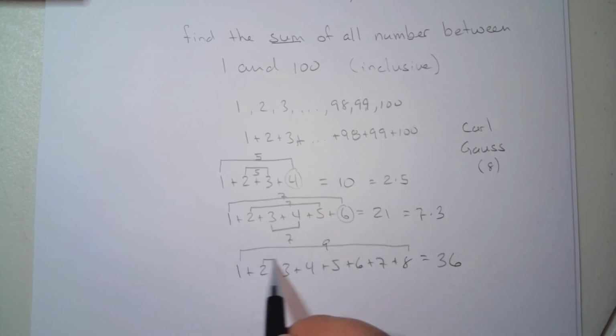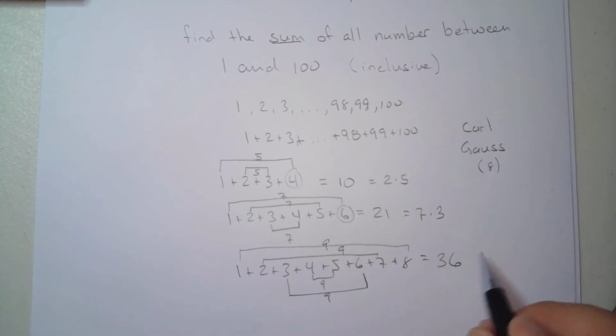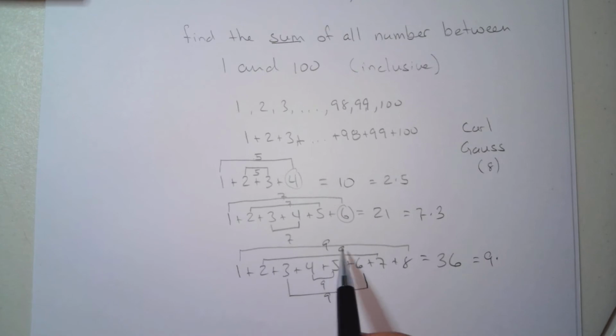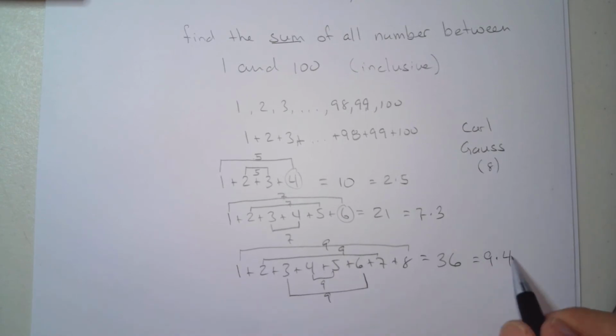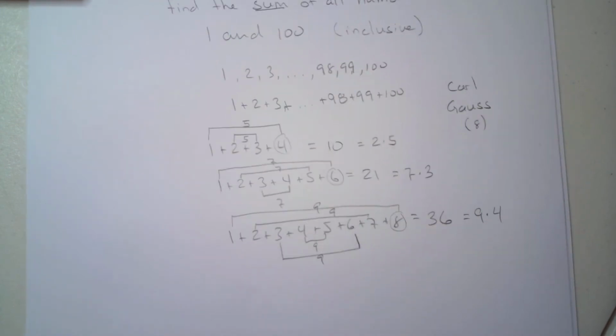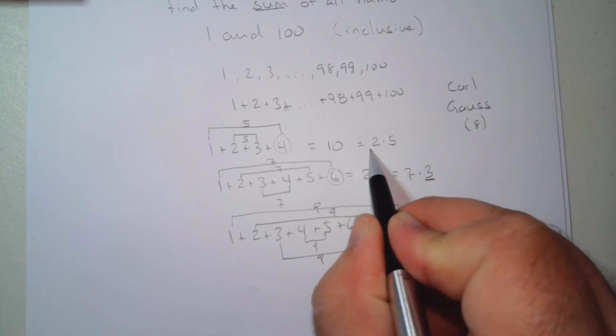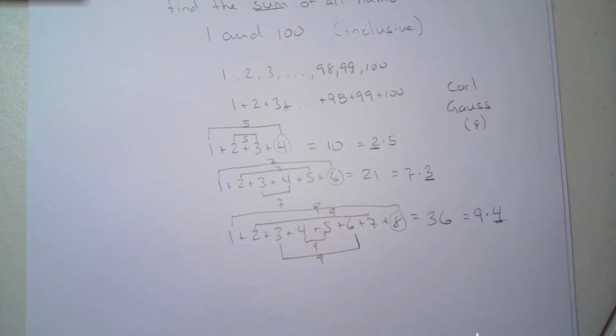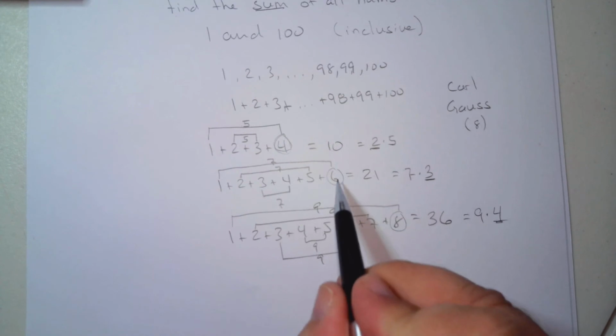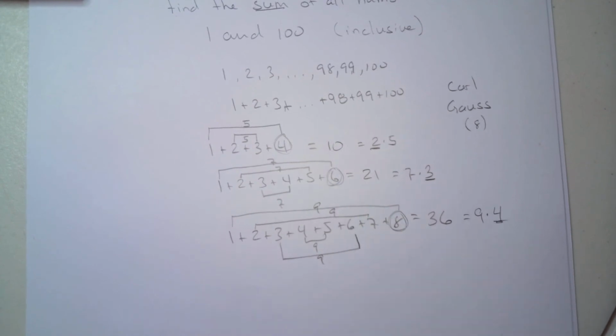Let's try it again. 1 plus 8 is 9. 2 plus 7 is 9. 3 plus 6 is 9. 4 plus 5 is 9. How many times do they occur? 1, 2, 3, 4. So it happens 4 times, and we had 8 numbers. So this number is related to the biggest number we had.